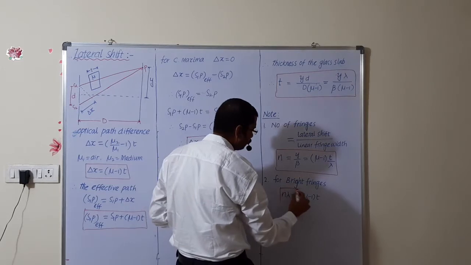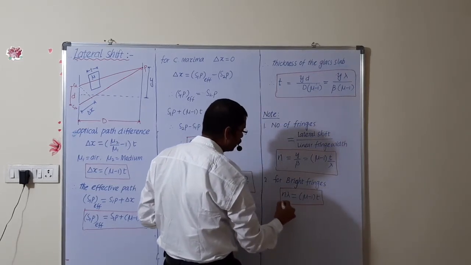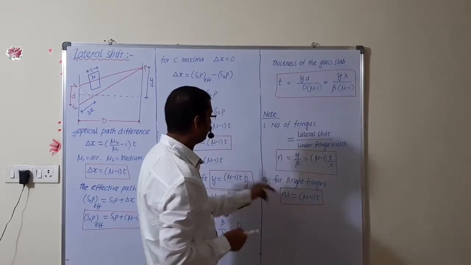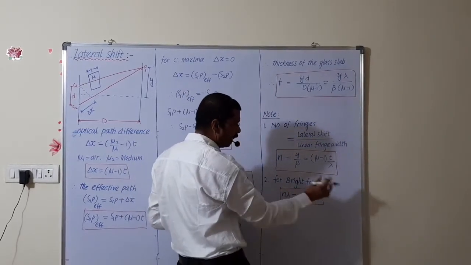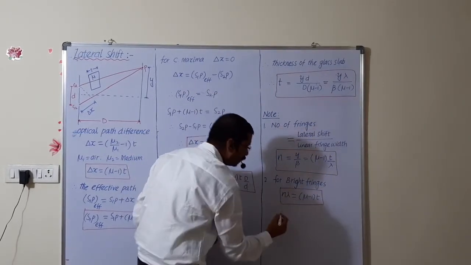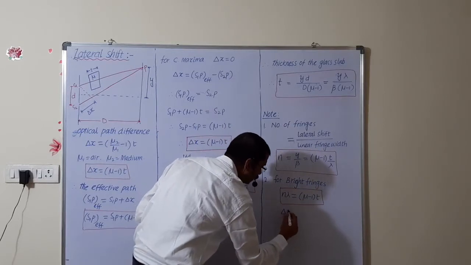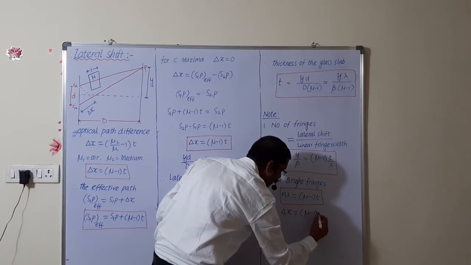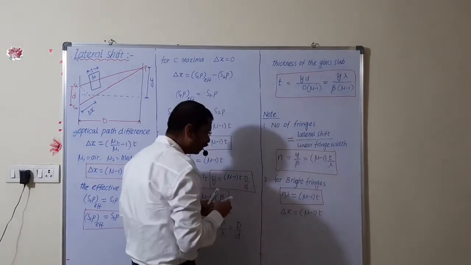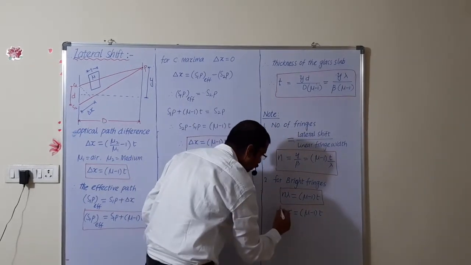To find the bright fringes whenever the slab is introduced, we take the bright fringe formula: n lambda is equal to delta x, which means the path difference. Already we have discussed the path difference is (mu minus 1) t, the optical path difference.